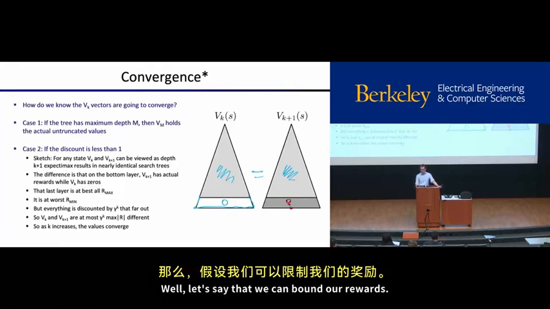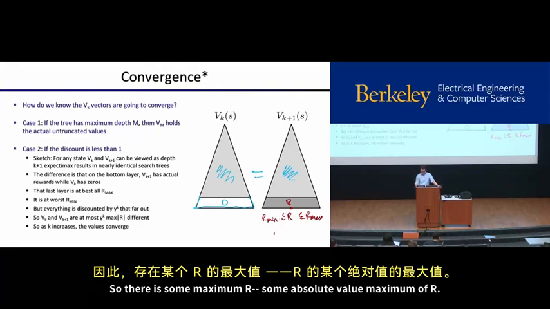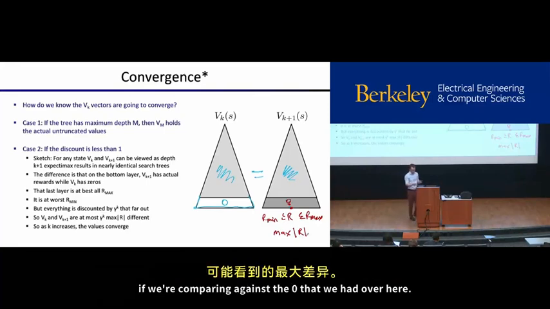Well, let's say that we can bound our rewards. Let's say that the r's are going to be somewhere between r max and r min. So there is some maximum r, some absolute value maximum of r. And this is the biggest possible difference we could see if we're comparing against the 0 that we had over here.